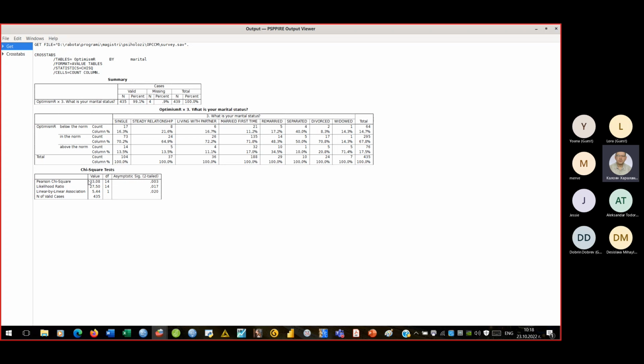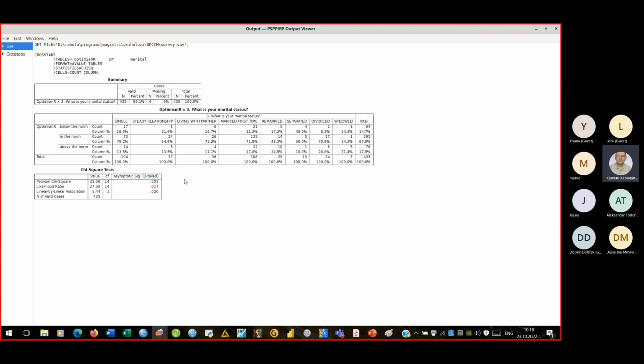And again, we have here the significance level. And again, the rule is the same as yesterday. If this significance level is smaller than the probability for type 1 error, usually 5%, then we accept the alternative hypothesis.